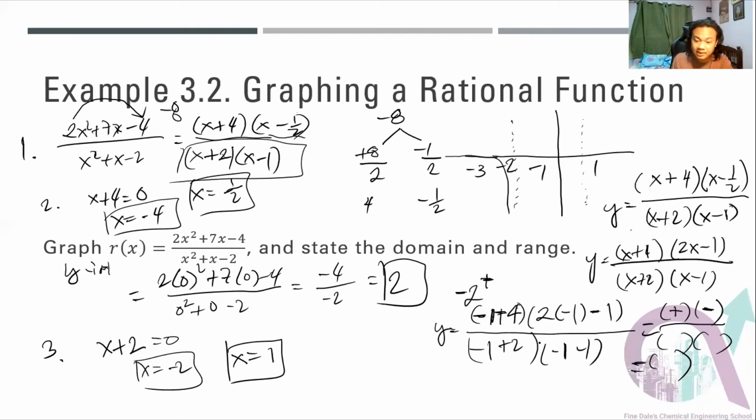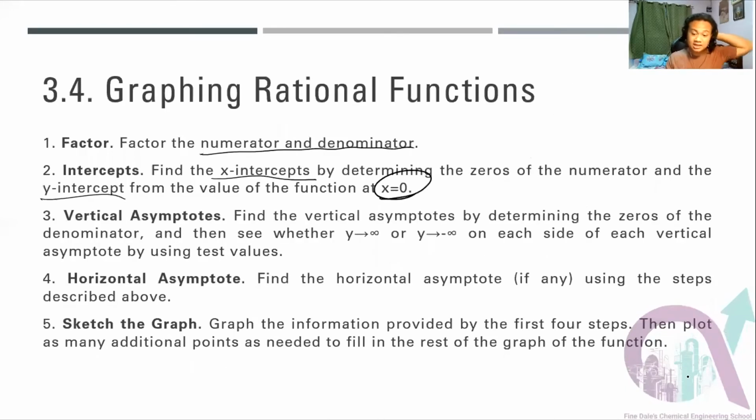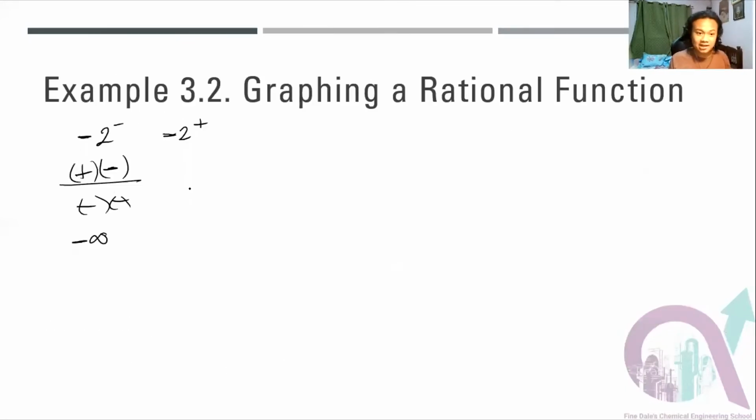Next dayon is negative 1 plus 2, so 1. So positive, di ba? Positive 1, so positive ang answer. So negative, negative, positive, di ba? So positive na siya.